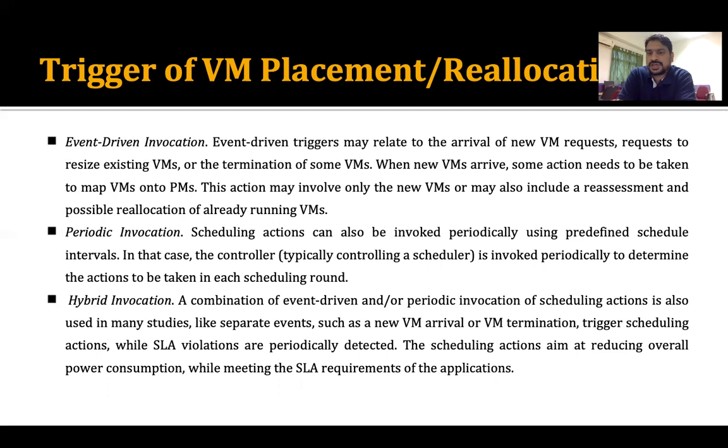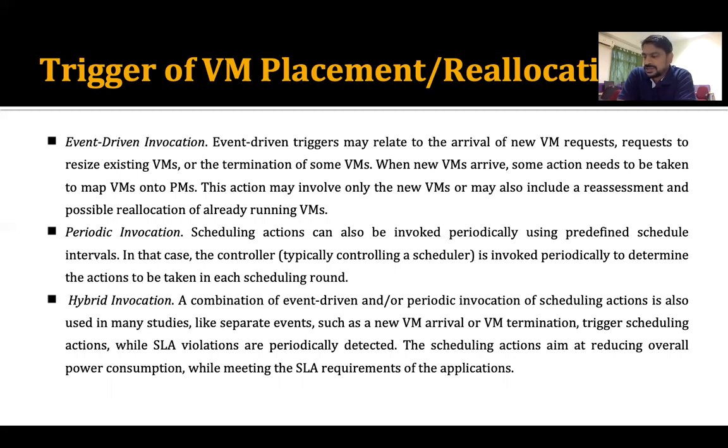When a new virtual machine arrives, some action needs to be taken to map the virtual machine onto a physical machine. This action may involve only the new virtual machine or may also include a reassessment and possible reallocation of already running virtual machines. So there are many situations that can occur, and that is categorized as event driven.